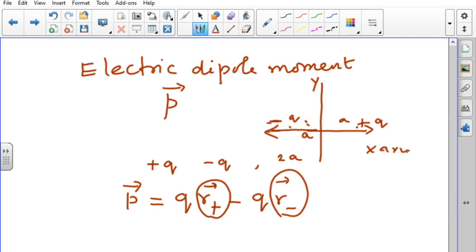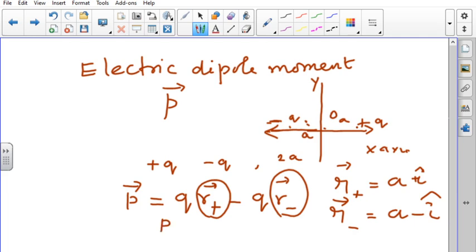Now see here, how will you represent this position vector R plus? It is represented by a i cap. I cap is the unit vector, which is positive. Then how will you represent this position vector R minus, the position vector of minus Q from the origin? It is represented as a minus i cap, as it lies along the negative direction. So shall we write now?